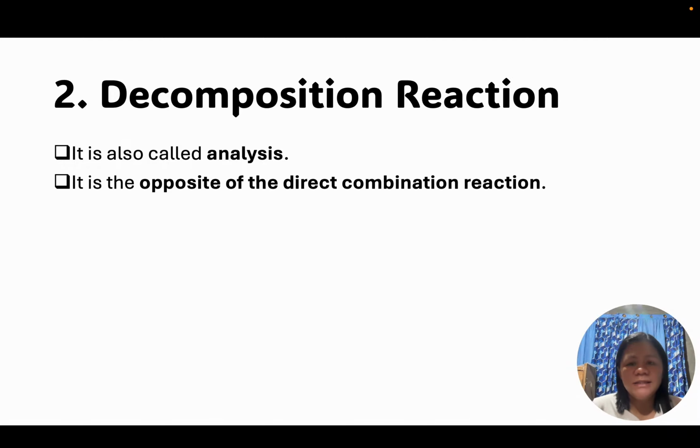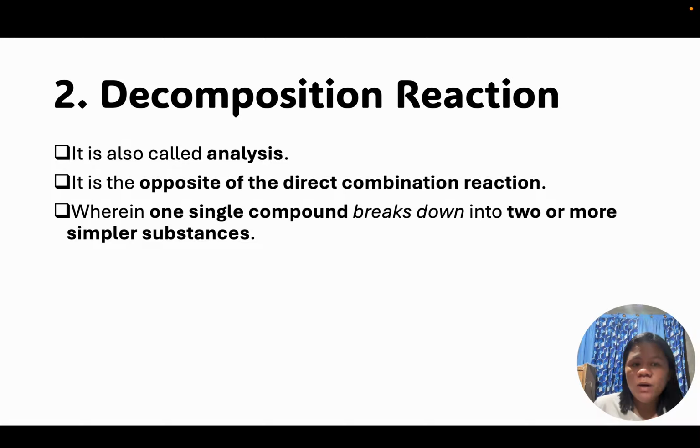So take note, it is the opposite of direct combination reaction, wherein one single compound breaks down into two or more simpler substances. If you can still remember, in the direct combination reaction, we have two separate reactants, and the resulting product is a compound. So this time around, we have a single compound, and it will be broken down into two or more simpler substances.